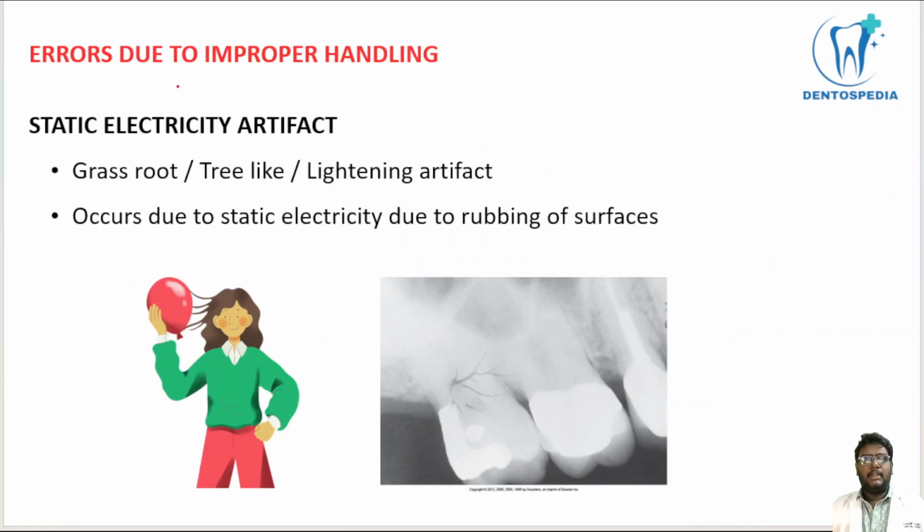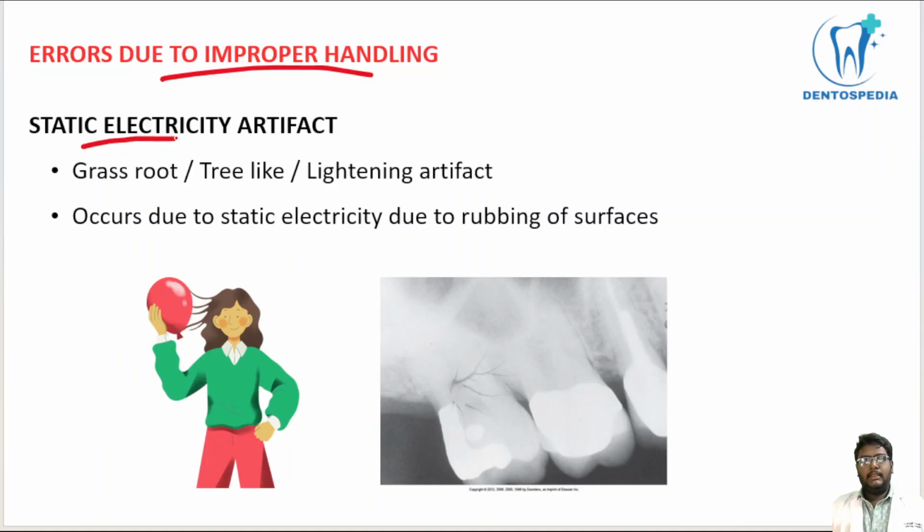And coming to the errors occurring due to improper handling, these errors occur inside the dark room. When you enter the dark room, we open the film packet. During the opening of the film packet, if we remove the film in a hurry, we will initiate static electricity.